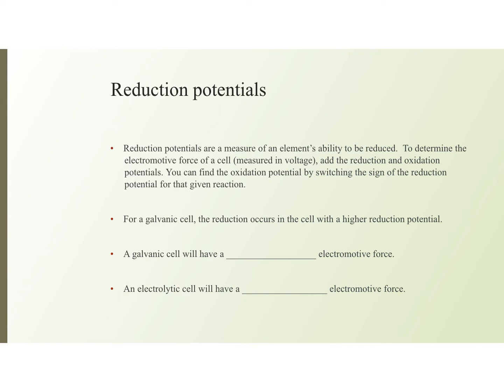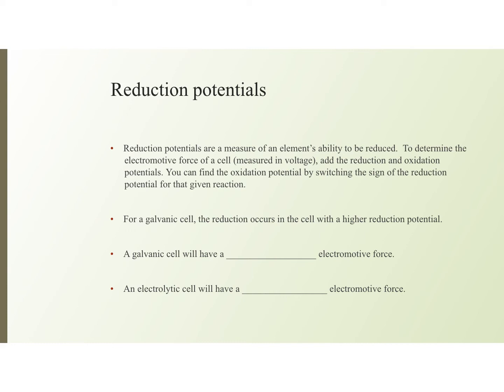We can use reduction potentials to tell us the overall electromotive force of the cell, which is measured in voltage. It's a little tricky to explain, but we could think of it as the force of the electrical current going between the anode and the cathode as the redox reaction proceeds.